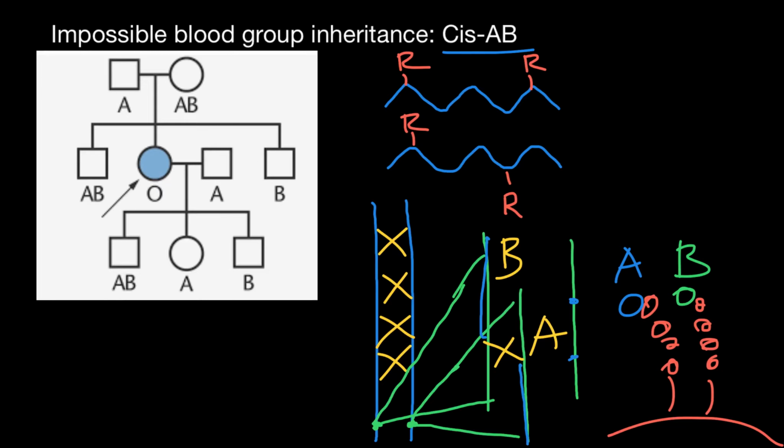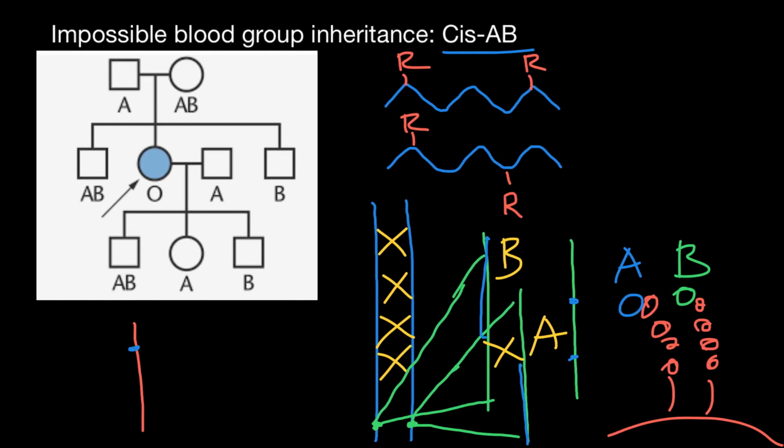And we can say that the genotype of this person would be AB. But this would be specified by only one chromosome. Now let's imagine that we have some person who has such a chromosome with such an allele, which we call Cis AB.